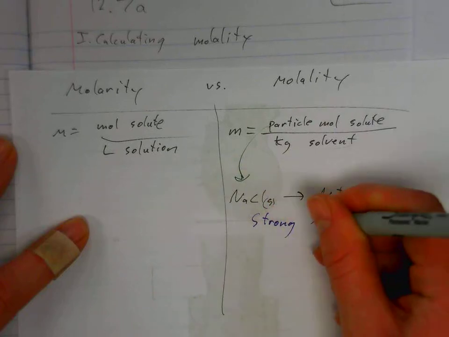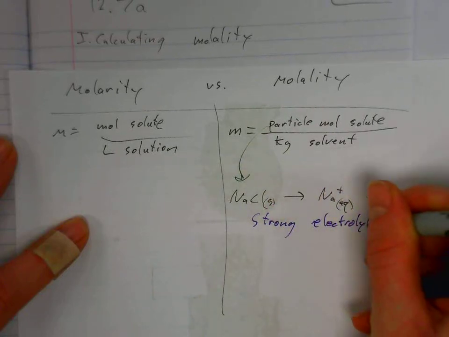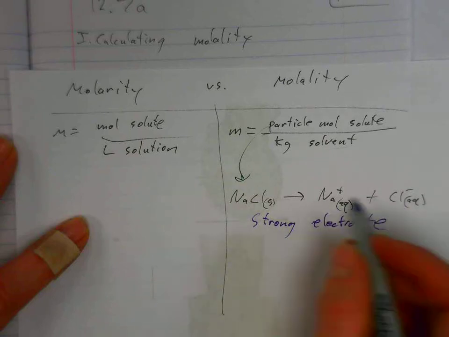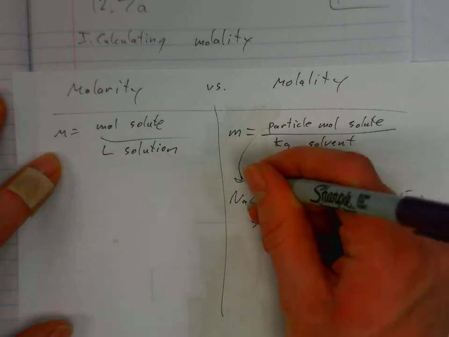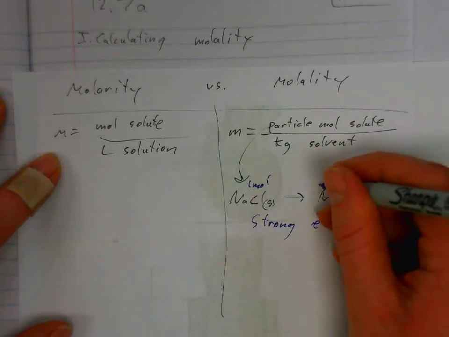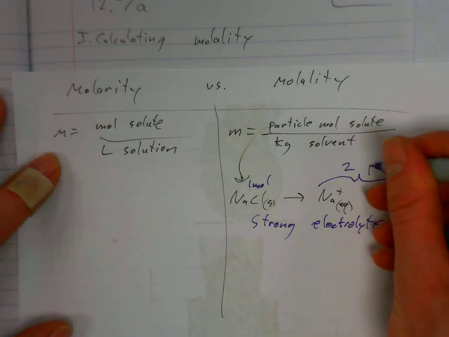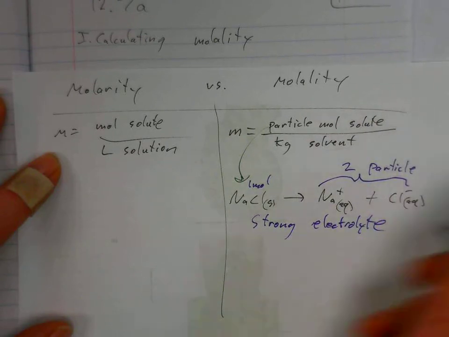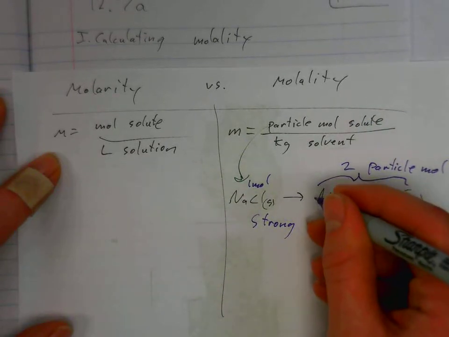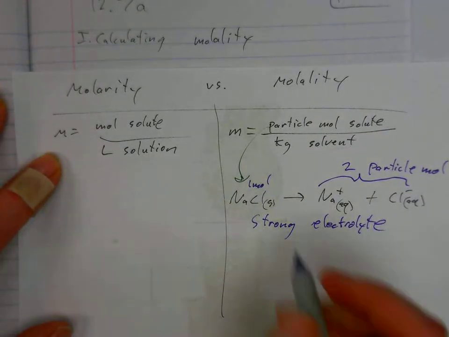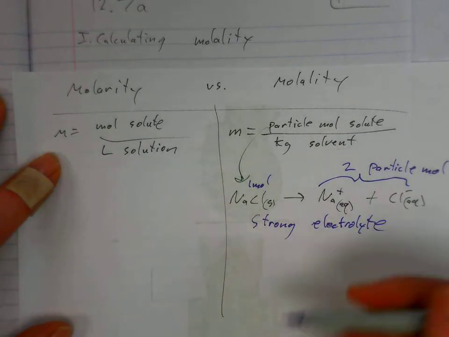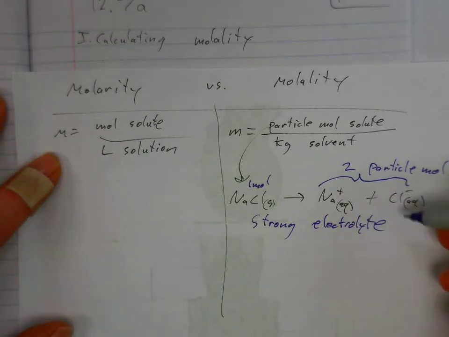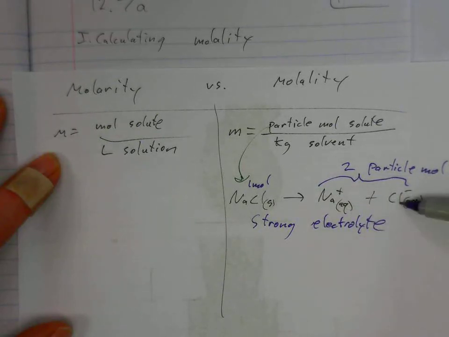So 1 mole of sodium chloride makes a total of 2 particle moles, right? 1 of sodium and 1 of chloride. So it breaks up in water into 2 moles of particles. Now that makes a difference when we think about properties of solutions that are affected by the number of dissolved particles, like the colligative properties, the boiling point elevation expression, which we'll look at tomorrow.